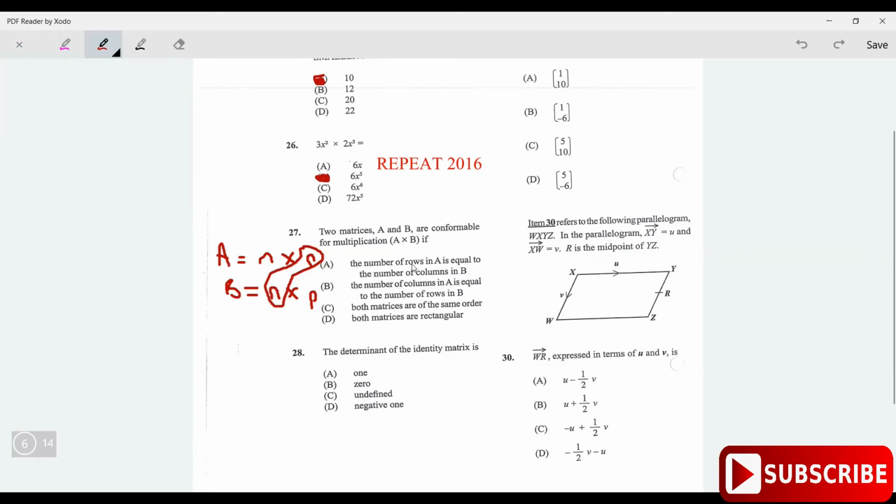So the number of columns in A must be equal to the number of rows in B. That is option B.